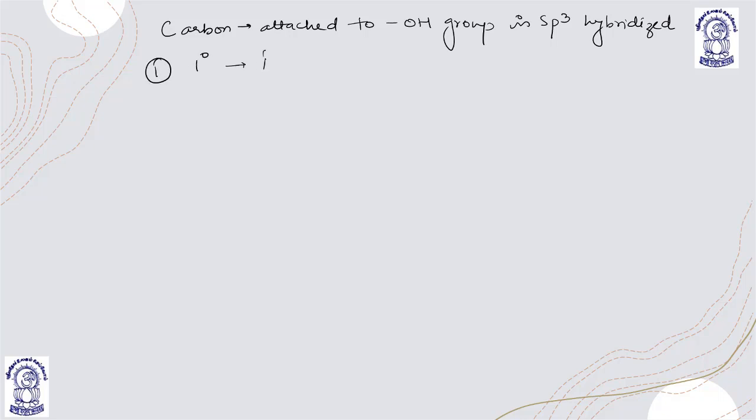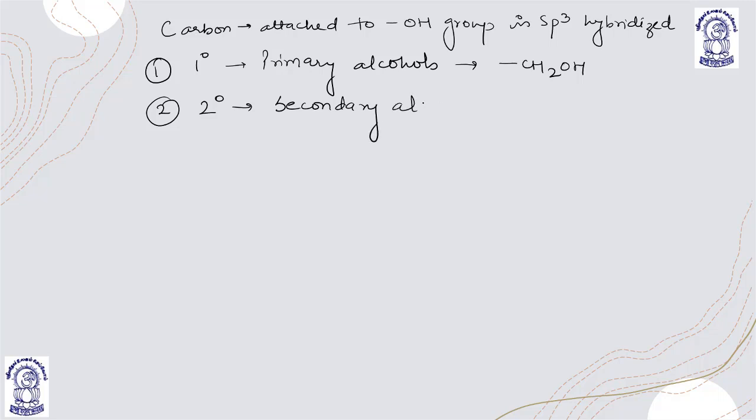If the carbon attached to the OH group is sp3 hybridized, examples are 1 degree primary alcohols, 2 degree secondary alcohols, and 3 degree or tertiary alcohols.